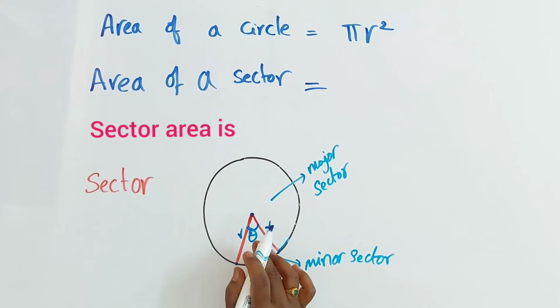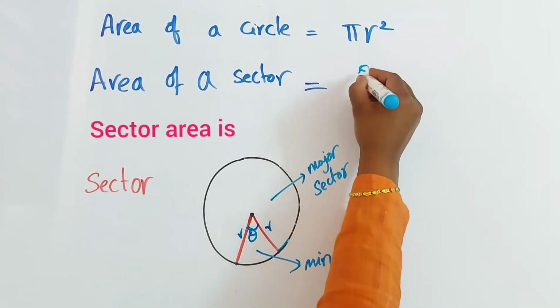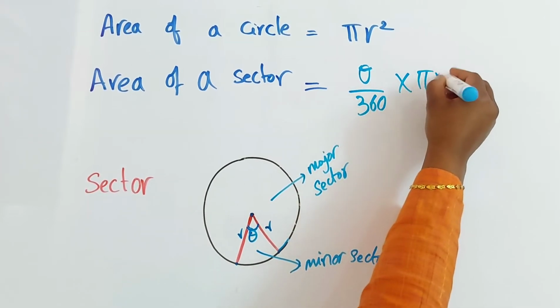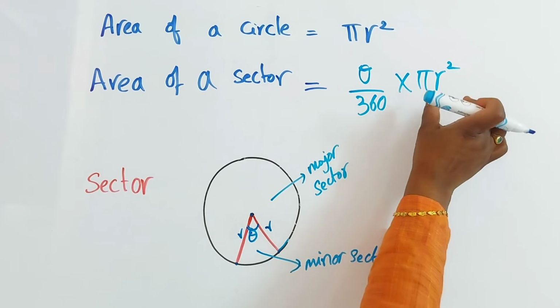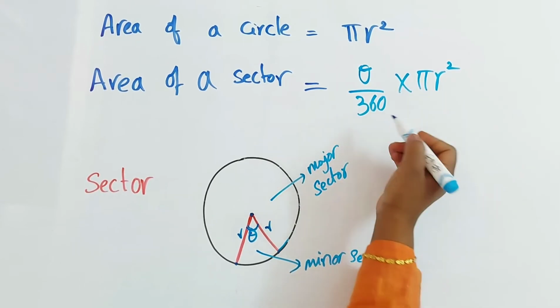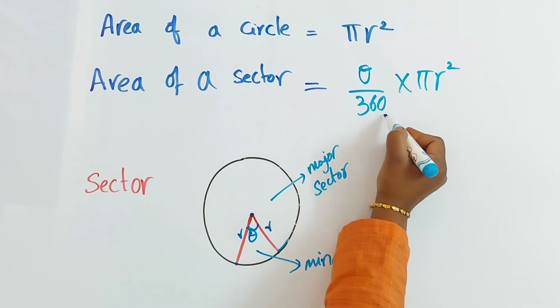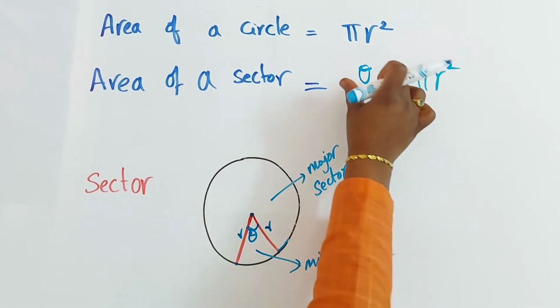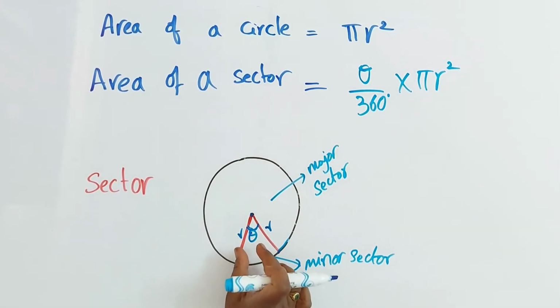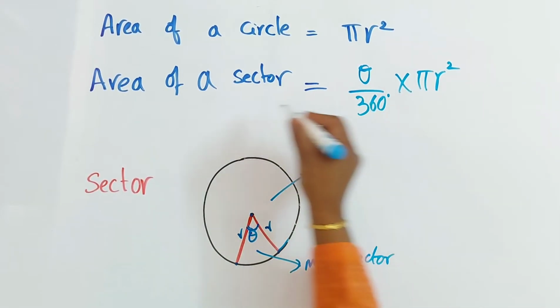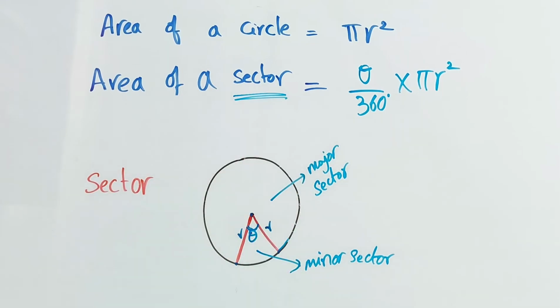So the area of the sector is theta divided by 360 into pi r square. We know that circle area is pi r square. We know that the complete angle of a circle is 360 degrees. So here we don't know the sector angle. Let it be theta. So theta by 360 into pi r square, that is the area of a sector.